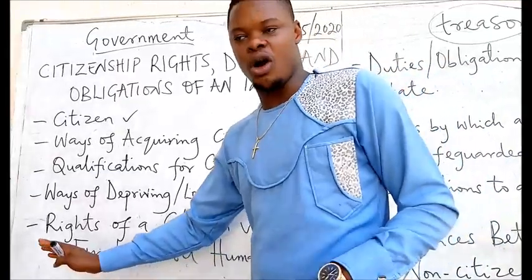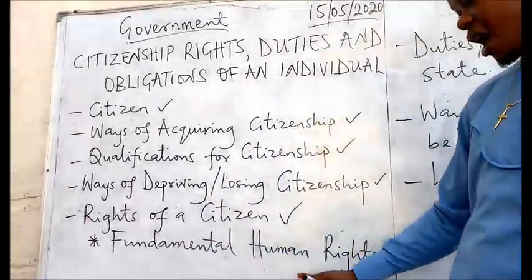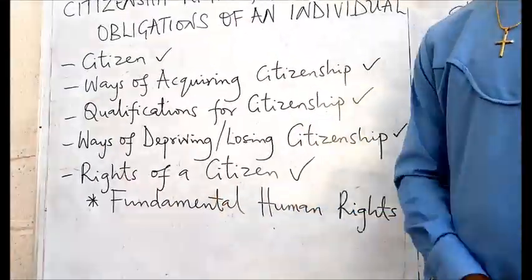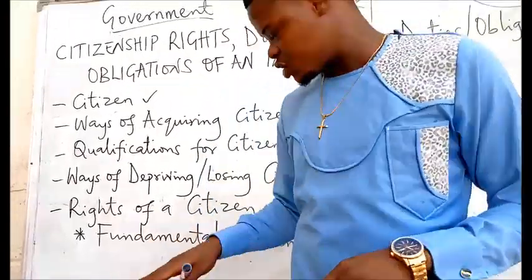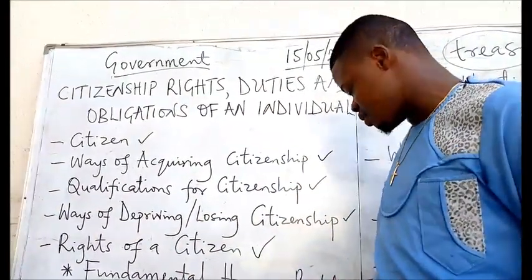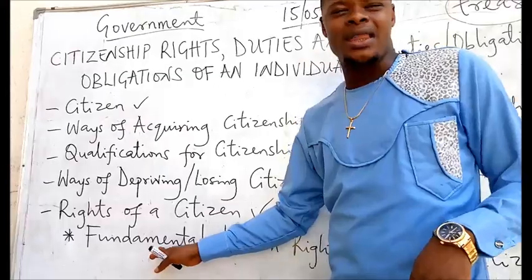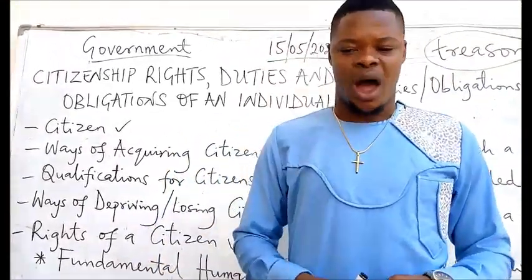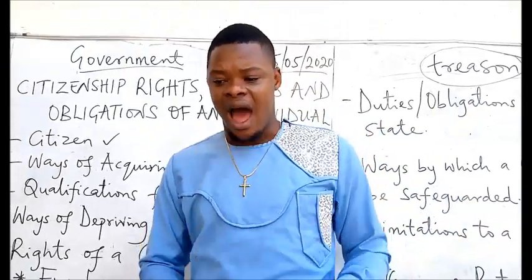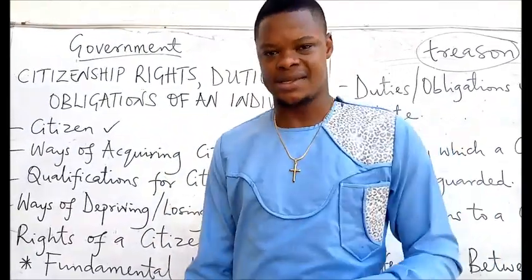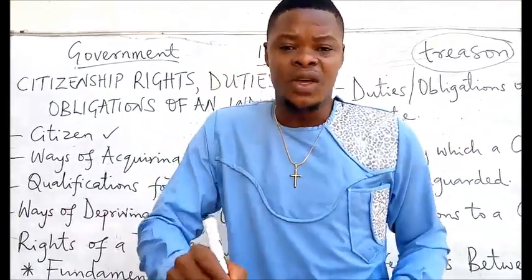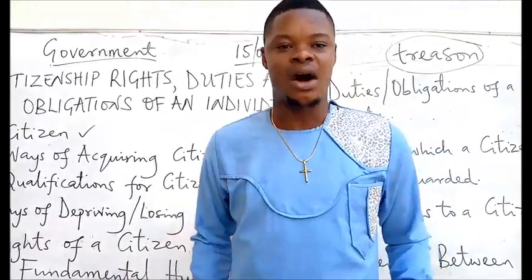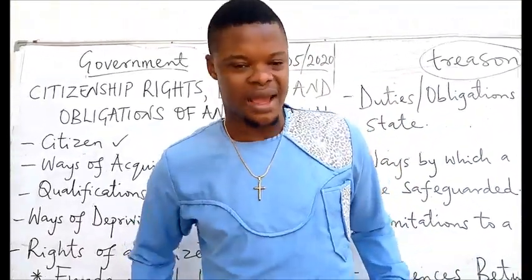Every government in the world wants to protect the fundamental human rights of the citizens. So we take a technical definition: fundamental human right means that every individual at birth is endowed with certain rights.